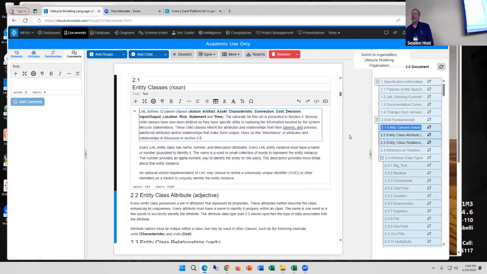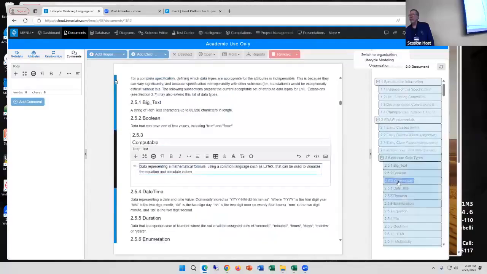So again, if you're interested in joining the steering committee, that's also possible. Just let us know if that's of interest to you. Plus, there are many other jobs, as we're going to talk about tomorrow, available in the Lifecycle Modeling organization itself.